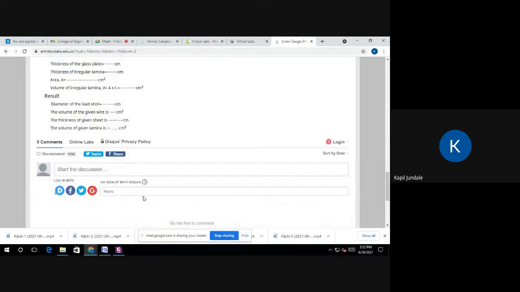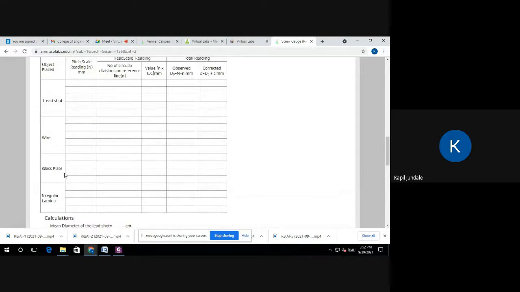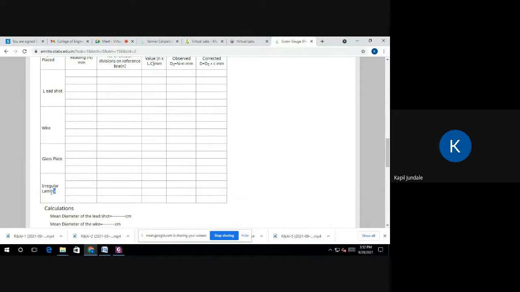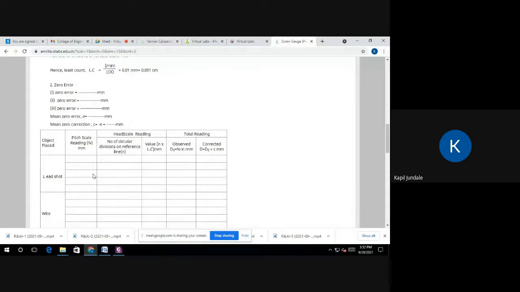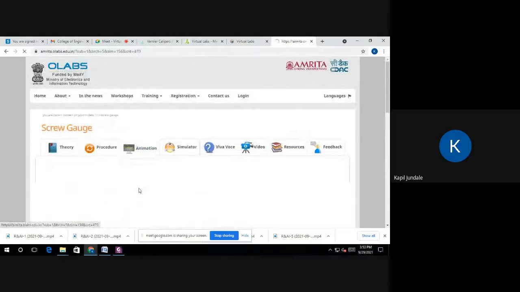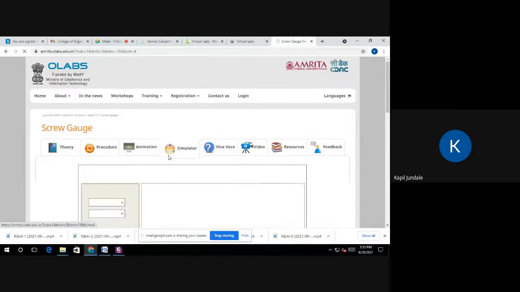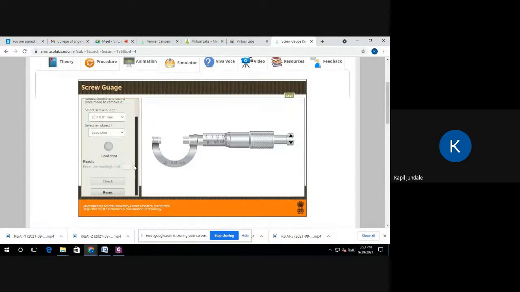Now we have to go for this table: lead shot, wire, glass plate and irregular lamina. You have to measure that reading and write it here. Next, the animation. Now here we can choose the object.